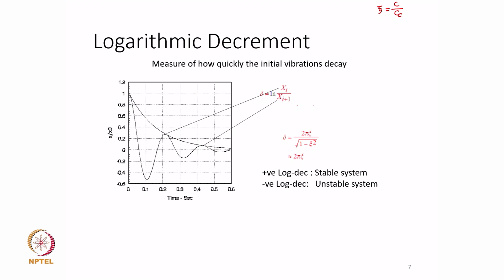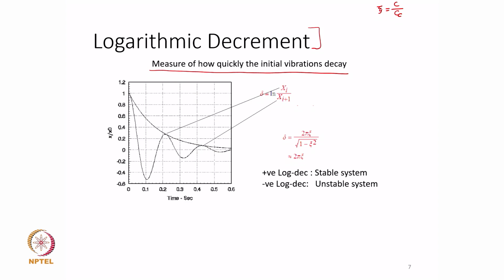It also is a measure of how quickly the initial vibrations decay. In fact, zeta or the damping factor also in a way is a measure of how quickly the initial vibrations die out in an underdamped case. But there is a distinct relevance and importance of the logarithmic decrement, and that is what we shall discuss.